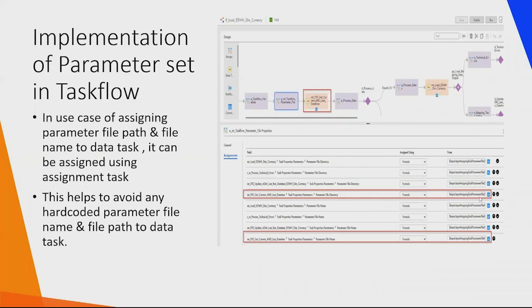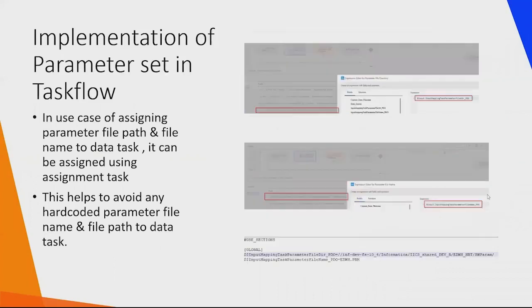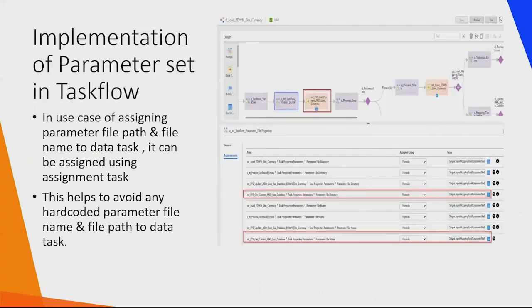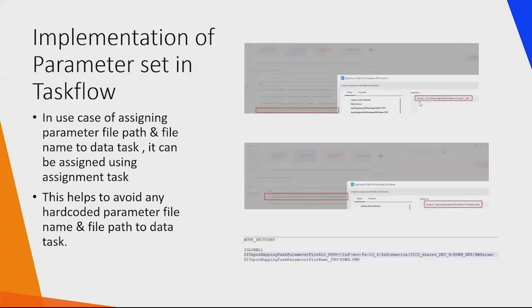Instead, we define the path and the file name in the parameter set, and in the assignment task we can assign that particular parameter. For example, for path, we have passed this parameter and the value is this. Similarly, for the file name, we have passed this parameter and the value is this.